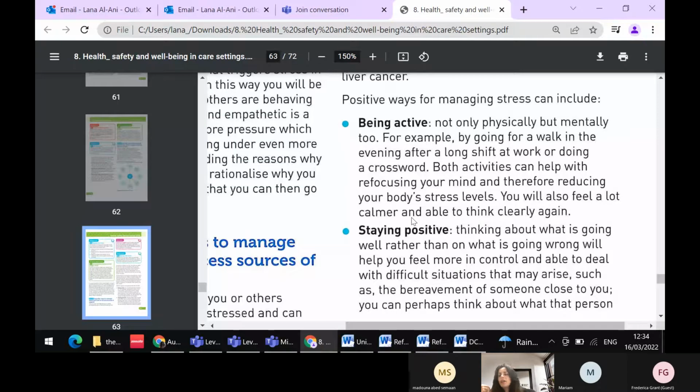And if you have a long shift, maybe do some crosswords just to make you happy. The brain activity will ensure that you stay active. And bathing, maybe you have a nice warm bath after a hard working day, so you can release the stress from your body. This will make you feel a lot calmer, a lot happier.